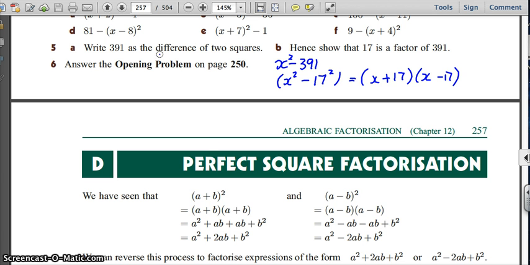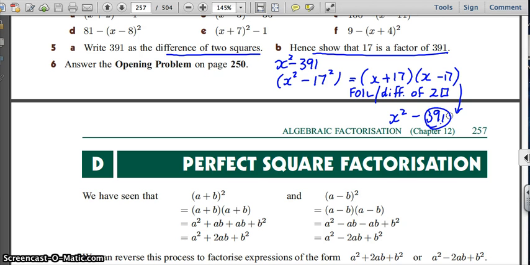Does that not show the difference of two squares? And of course, show that 17 is a factor of 391. You could then use FOIL or difference of two squares to solve that, and hopefully it comes out to be something like that, and then you've proved that 17 times 17 is 391.